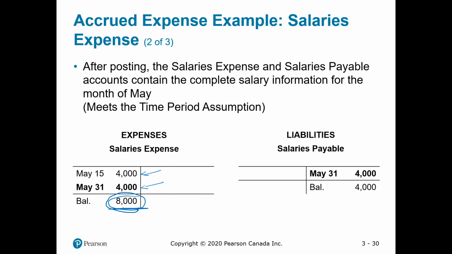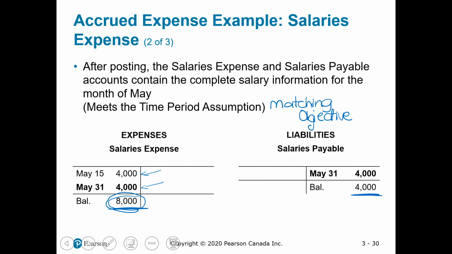So we always need to have that expense in the month for the full amount. Since we haven't paid it, we have $4,000 in this salaries payable account. So it meets the time period assumption and also the matching objective. We're matching this payroll or this salary with the right time period.